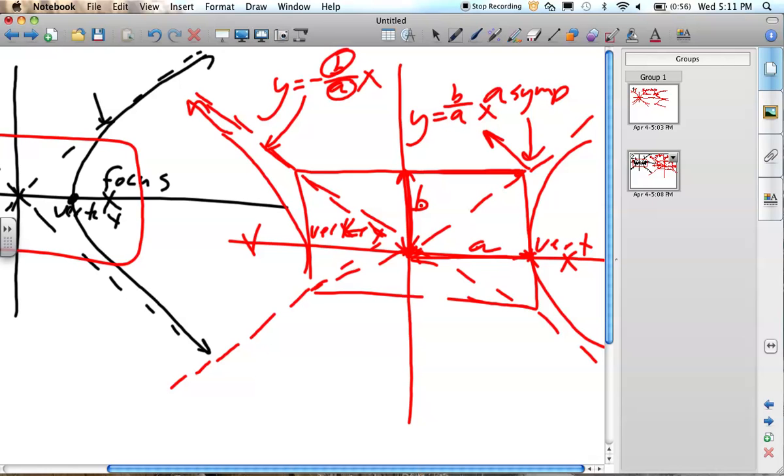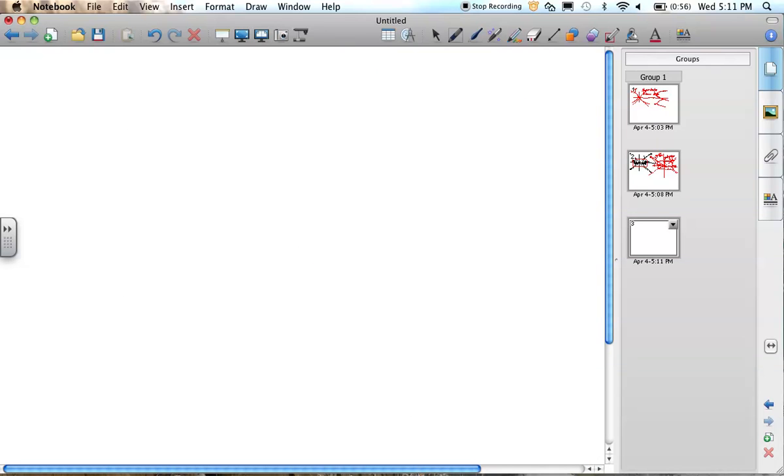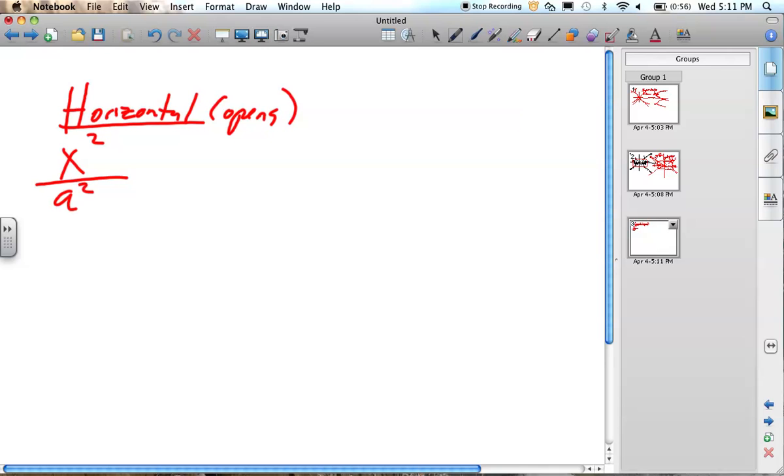Now the equation for a horizontal hyperbola, in other words, one that opens horizontally, is x squared over a squared. So far, this looks very similar. This is where we're different. It's a minus, y squared over b squared, and it will equal 1.